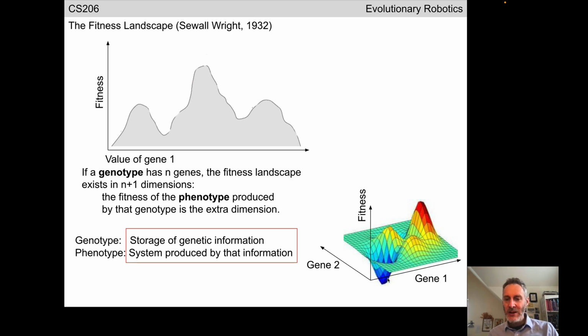In that case, we can think about a fitness landscape that exists in three dimensions, where we have two horizontal dimensions now representing the weight of the first synapse, and the second horizontal axis representing the weight of the second synapse.